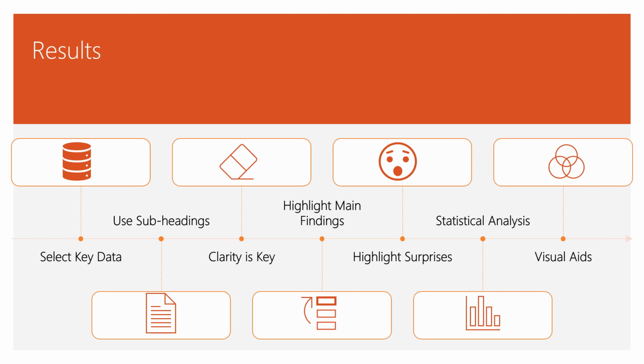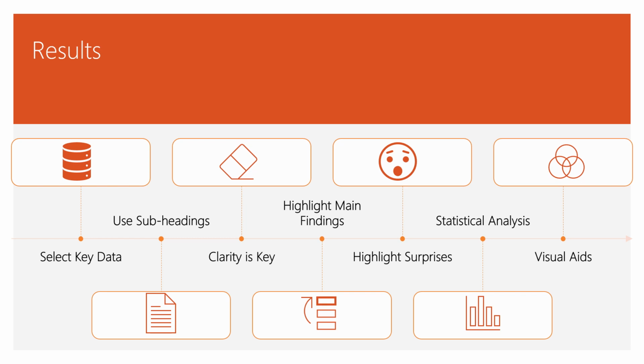The materials and methods section is followed by the results section. In the results section, you present only selected key data, and this data should be organized into different subheadings so readers can easily identify it and move from one experiment to another.